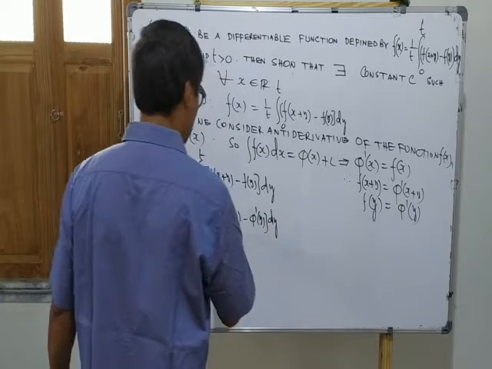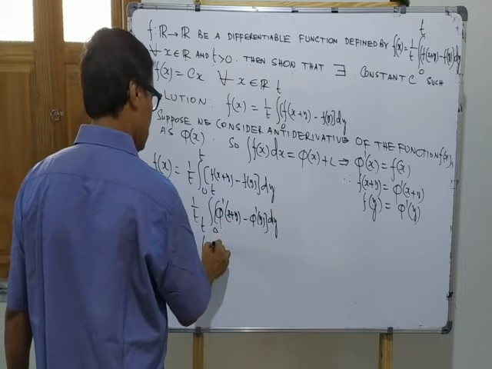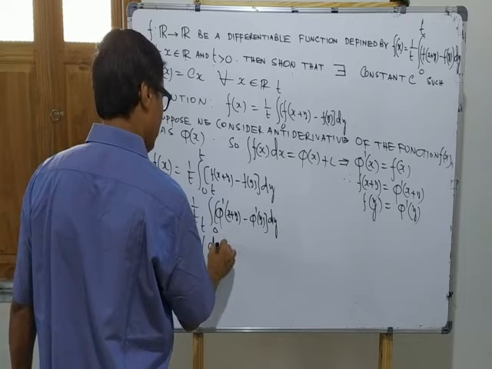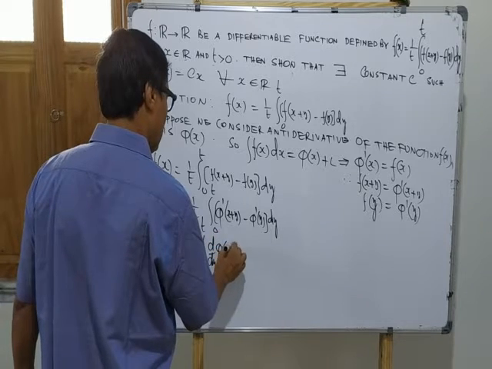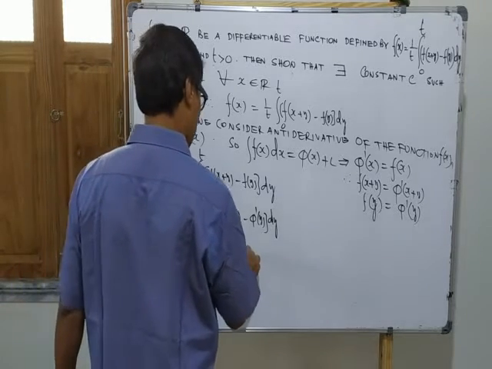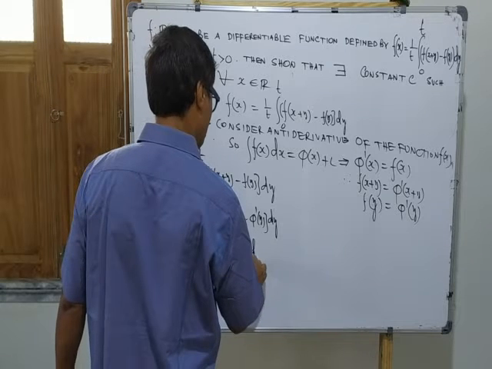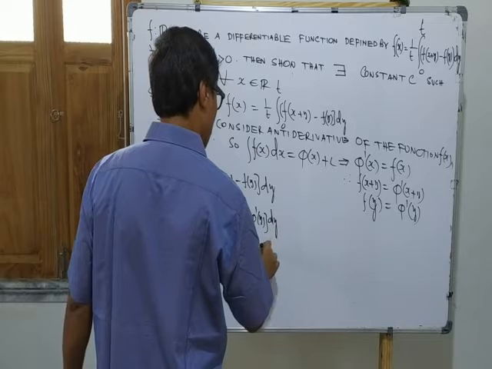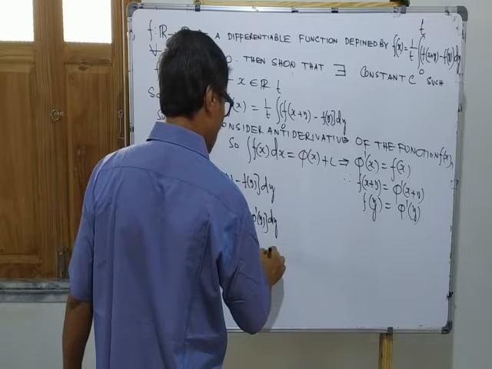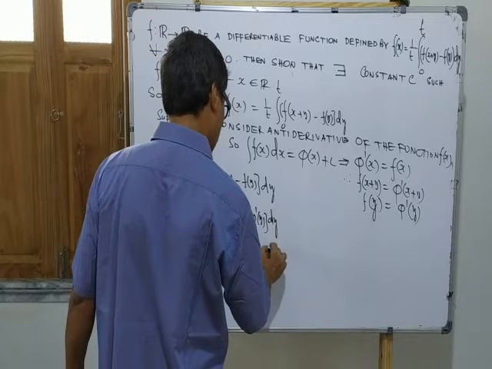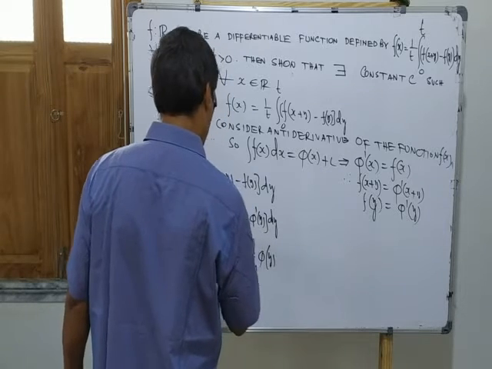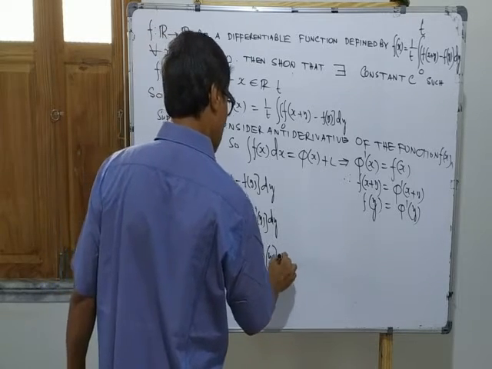So phi dot (x plus y) is d/dy of phi(x plus y) minus d/dy of phi(y), dy.